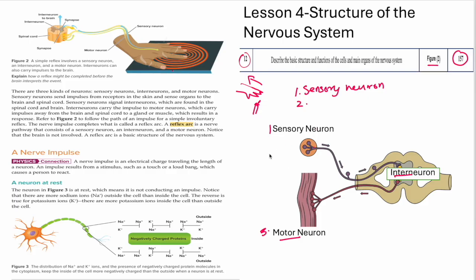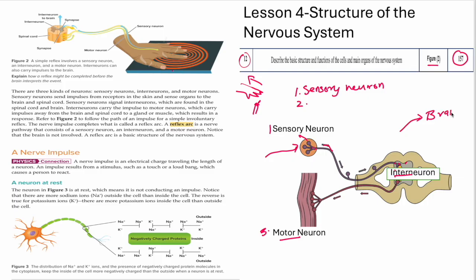So you are getting information from the outside world through your skin or the nerve endings on your skin, and this information is passed to the interneuron, either in the brain or in the spinal cord. In reflex action, most of these signals go through the spinal cord because there is no time to reach the brain.